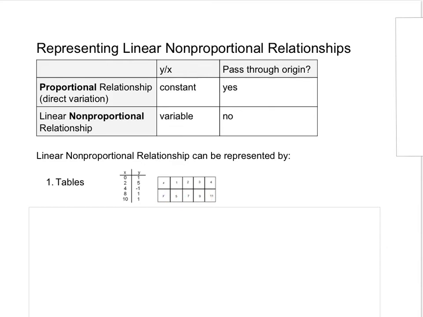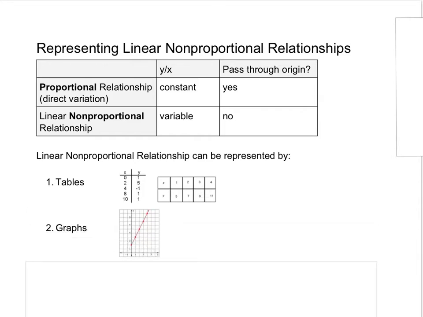Besides using tables, we can also use graphs. We can use a graph to represent a situation. From the description or from a given equation, we can first come up with a table like this, or use some data that's embedded in the problem, and then find some points and connect those points.